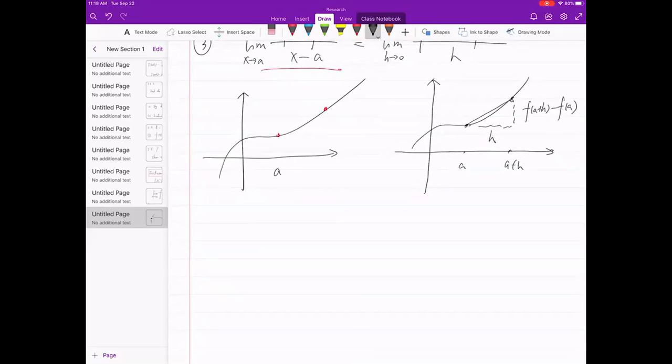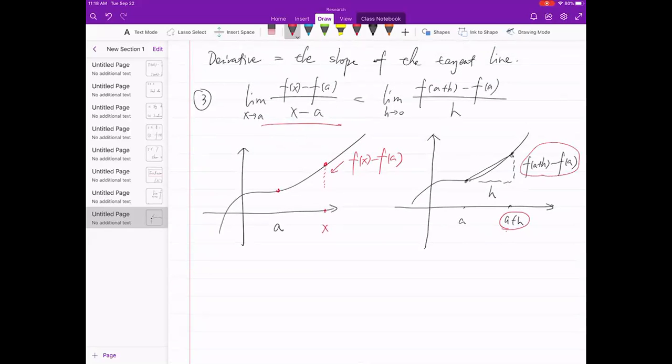They name this one a, but instead of calling this one a plus h, they call it x. Then this is nothing but f(x) minus f(a), which is the same as f(a+h) minus f(a). And what we called h before, now we call x minus a. So can you see they are exactly the same formula, just different names?